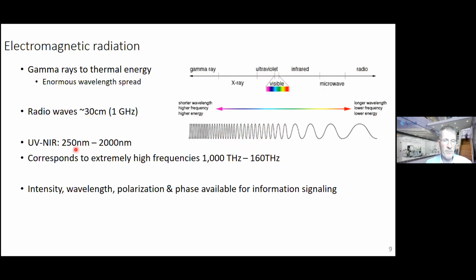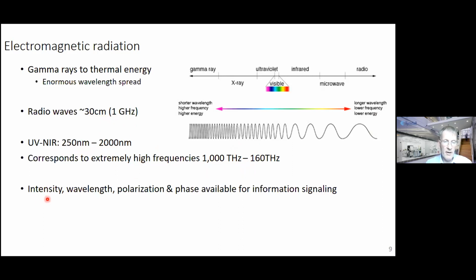We are working, as I mentioned, in the UV to near IR part of the spectrum, typically 1 micron wavelength. So that's much shorter than this one here. And the frequencies are correspondingly higher. So they're 100,000 times higher. So that ultimately means you can send 100,000 times more information with the same system.